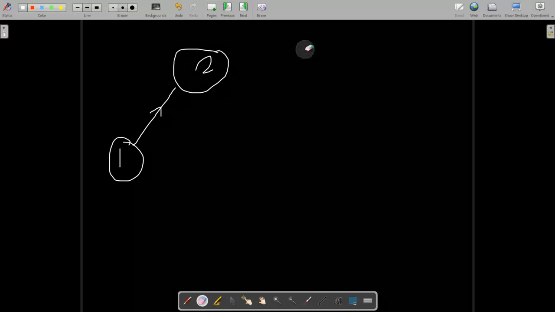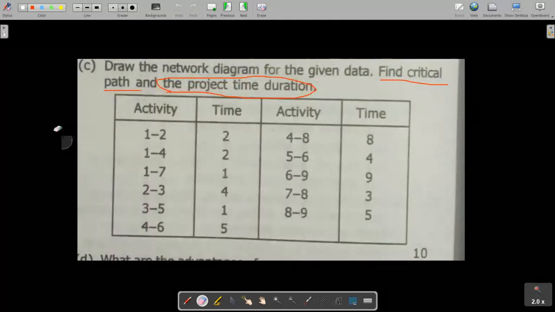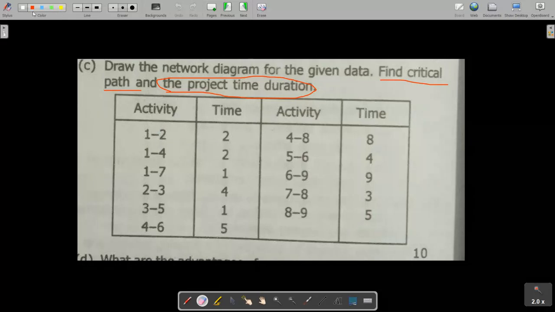Our first activity is activity 1 to 2. Nothing is mentioned about time, but we have to find the project time duration, so let's take time in days. Whatever the digit is, it represents days: 2 days, 2 days, 1 day, 4 days, 8 days.